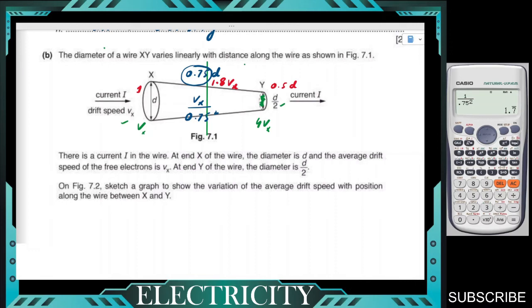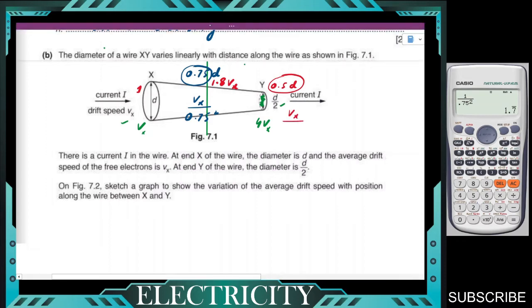Okay, and in fact, at the position Y, we have done the same thing. If I write the diameter in decimal, it would be 0.5D. So the drift speed would be Vx divided by the square of this factor, the square of 0.5.